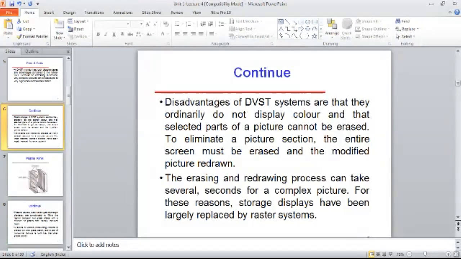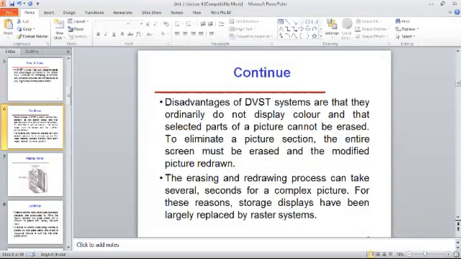To eliminate a picture section, the entire screen must be erased and the modified picture redrawn. So in this case, we remove all the pictures or images which are on the screen and then wait for the next one in case of the DVST. The erasing and redrawing process can take several seconds.